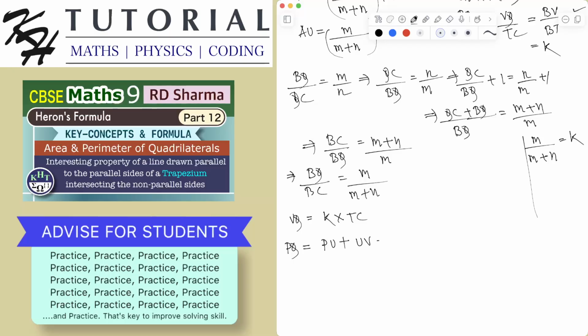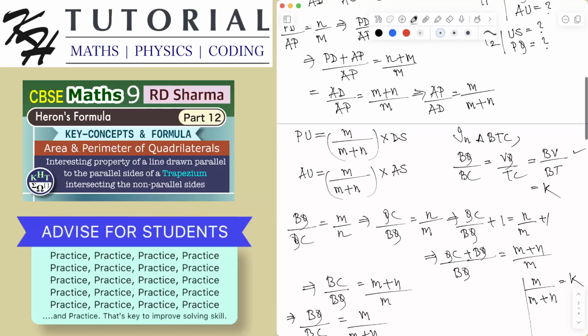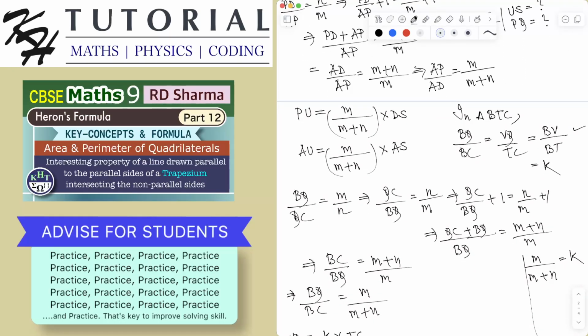PU is K into DS, and AU is also K into AS.